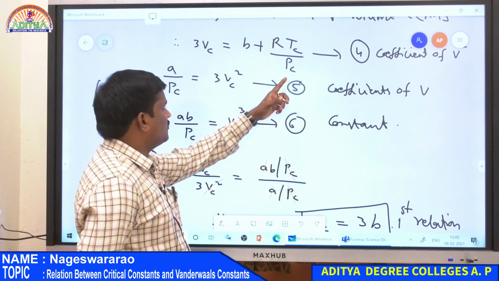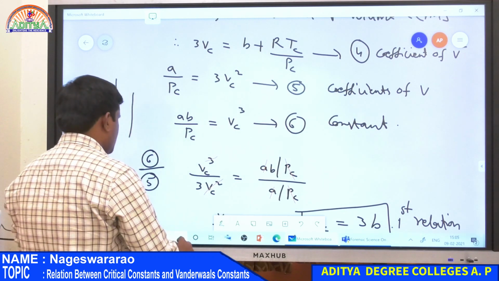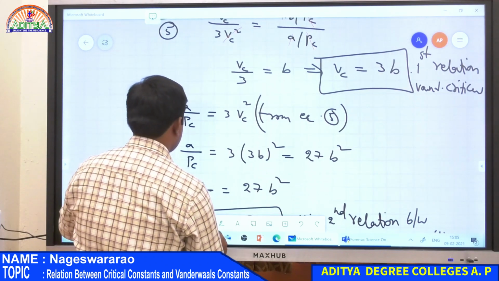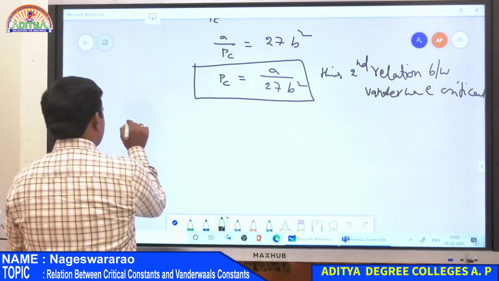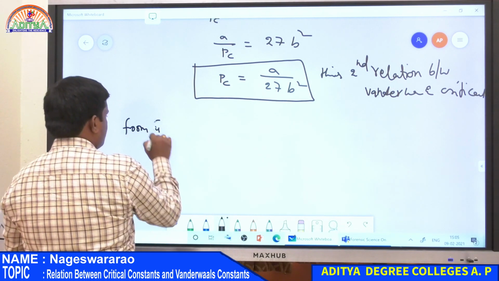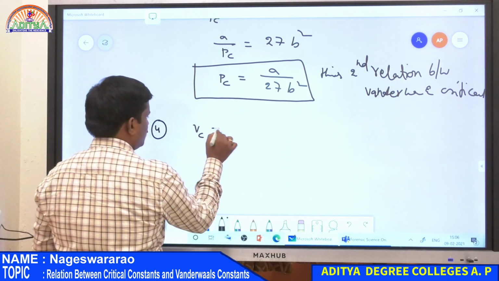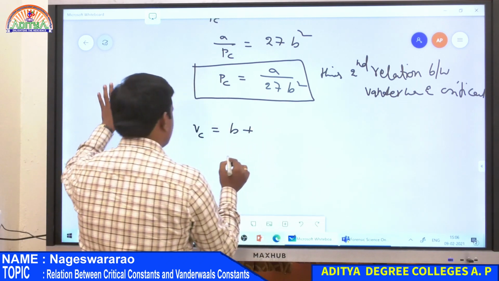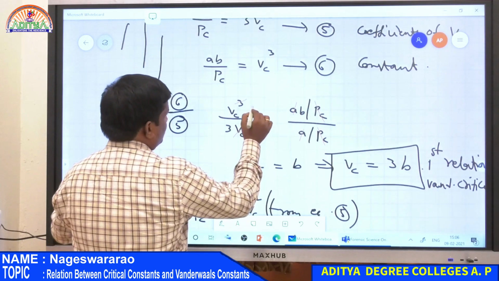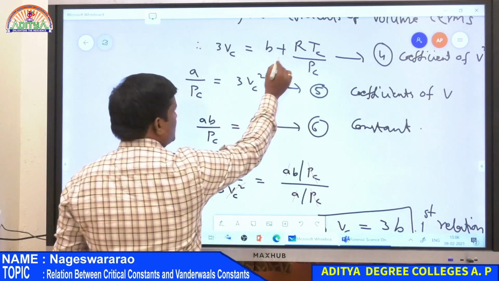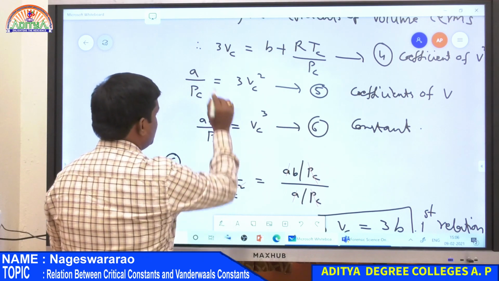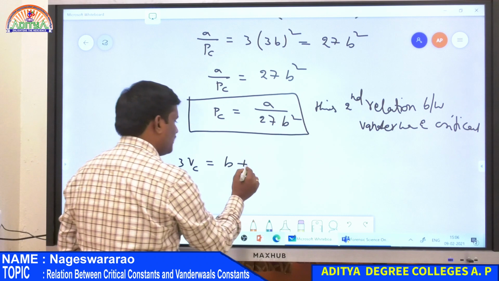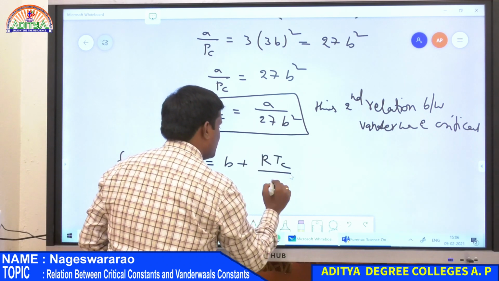So in equation number 4, what is 4? From 4, Vc is equal to B plus RTc by Pc. 3Vc is equal to B plus RTc by Pc.